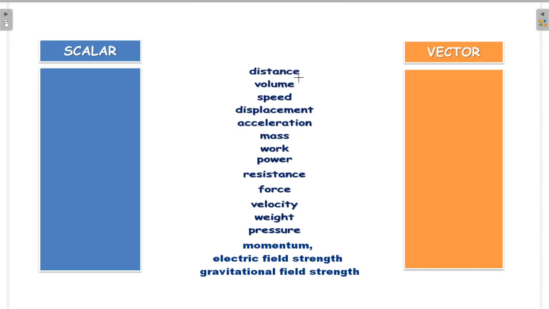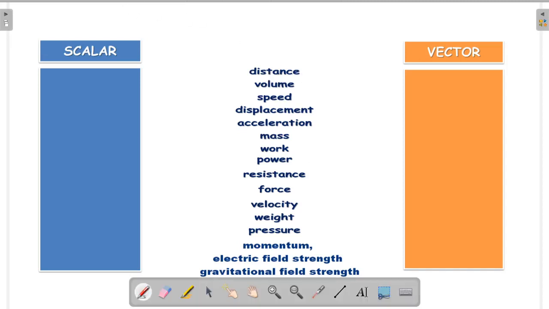Now, distance. The space between two points is called a distance. So distance is a scalar quantity. Volume. The space of any object is called a volume.